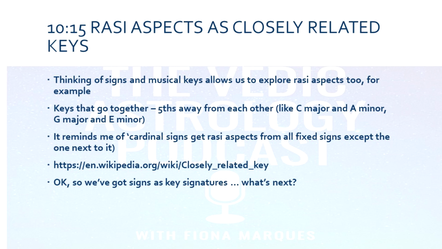And something about that reminds me of the Rasi aspects. You know how they're a little bit clunky about how far away they are from each other. So in music, C major and A minor go well together, G major and E minor. So I think that this could be a way to look at Rasi aspects in the keys of music. So that might describe signs for us.